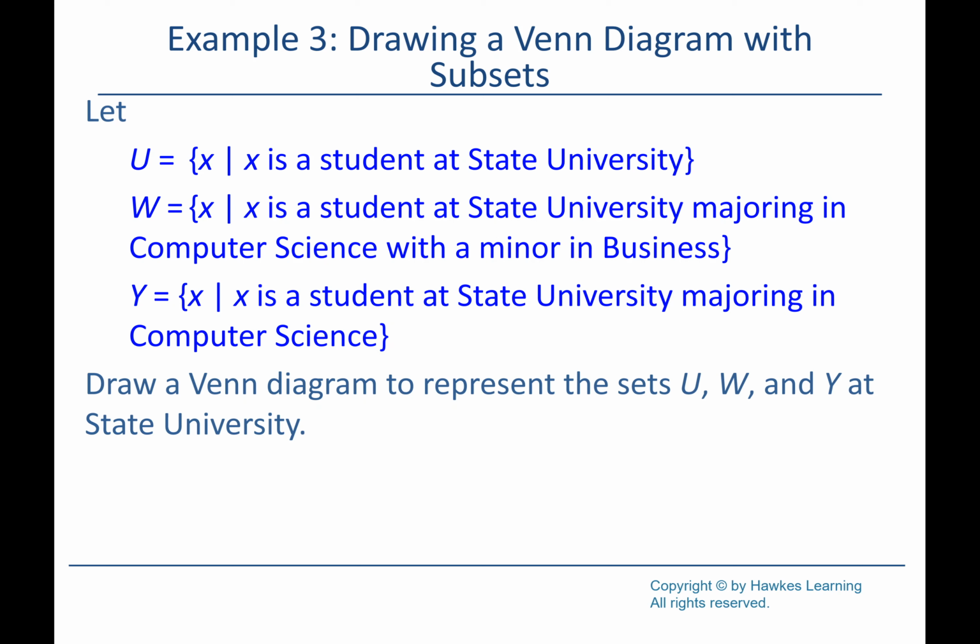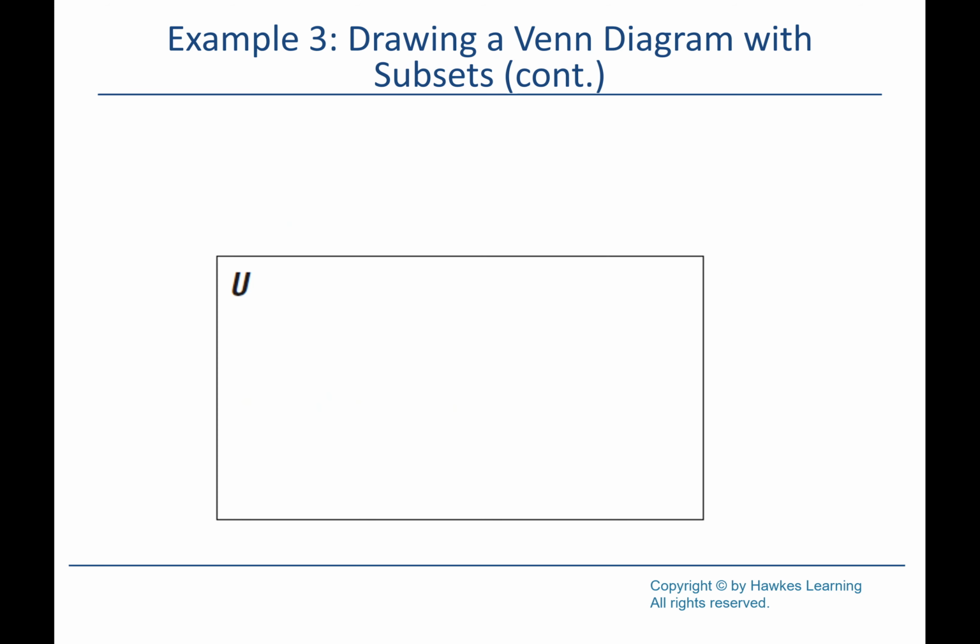Okay. So anytime we're going to draw one of these, the way you'll see it in the book, all these problems in the book, is you'll see a rectangle drawn for the universal set. And then we want to draw in set W and set Y. But we've got to think about their relationship.